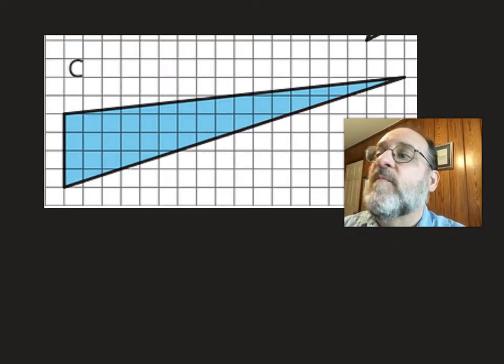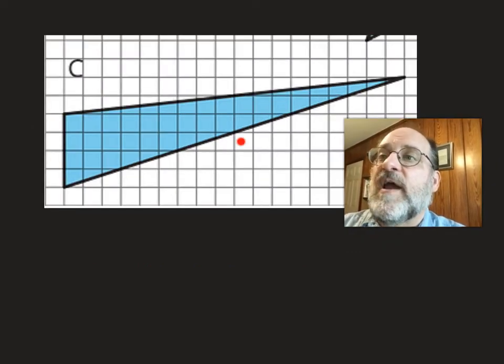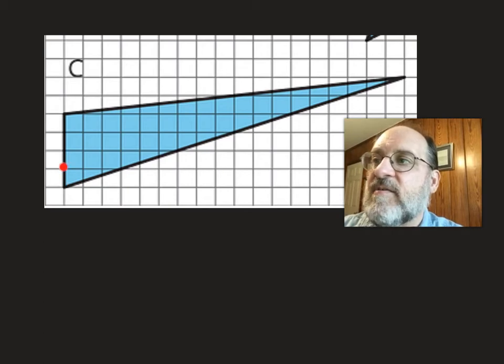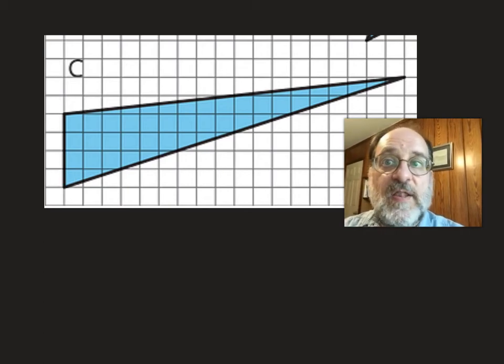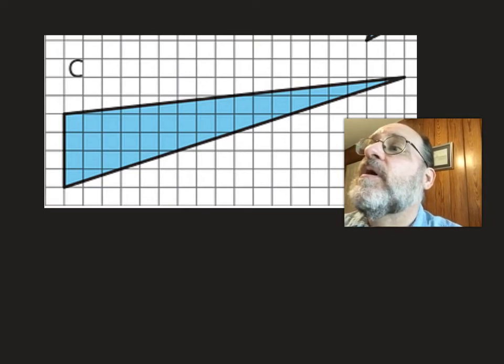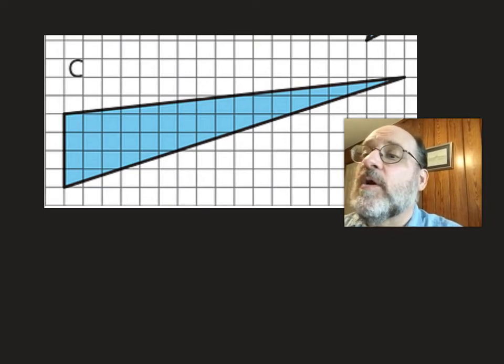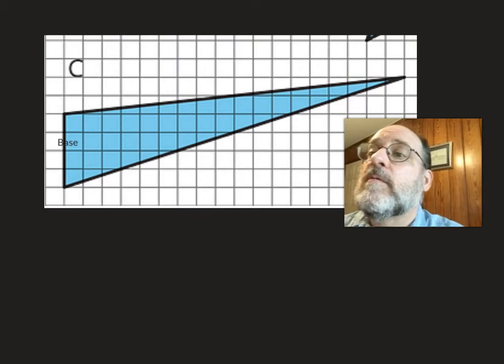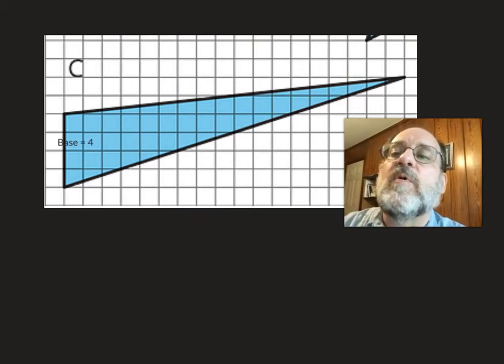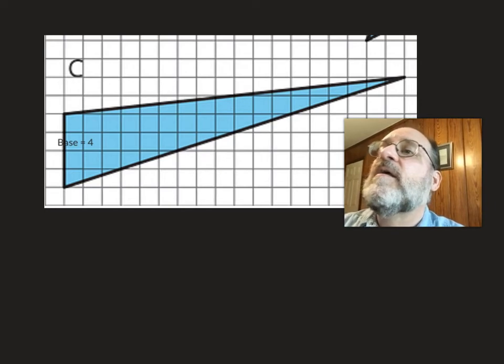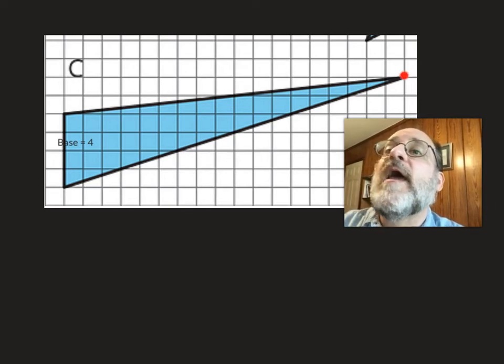Okay, for part C. Triangle, there's only one side I can use where I can find the length, right over here. So even though it's not on the bottom, it's still my base. So I've got a base equal to 4. Now, once I've done that, here's my opposite vertex, way over there.